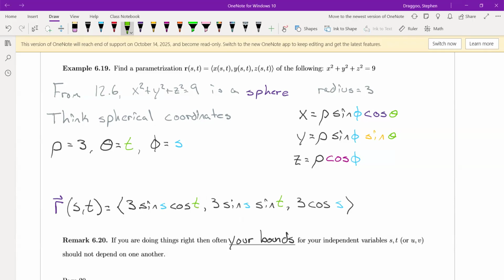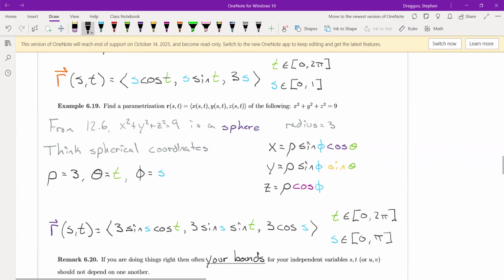So again, those are our parametric equations, but the parameterization is not done until you have bounds for those parameters. So t, which is our theta, is 0 to 2 pi, and s, which is our phi, is 0 to pi. So the note down at the bottom of the screen: if you're doing things right, then often your bounds for your independent parameters shouldn't depend on each other.